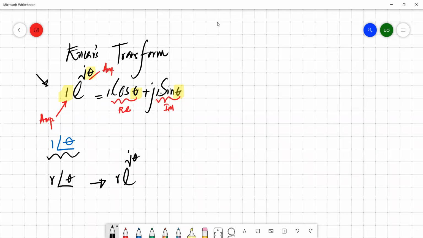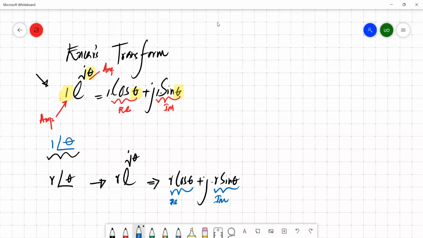So any complex number which is in r e to the power j theta form can be converted into r cos theta plus j times r sine theta. This is the Cartesian or rectangular form of this complex number. This is your real part and this is your imaginary part.